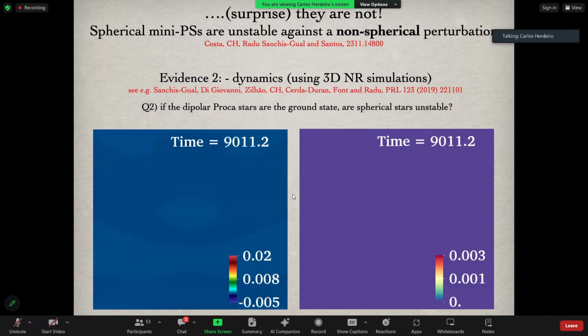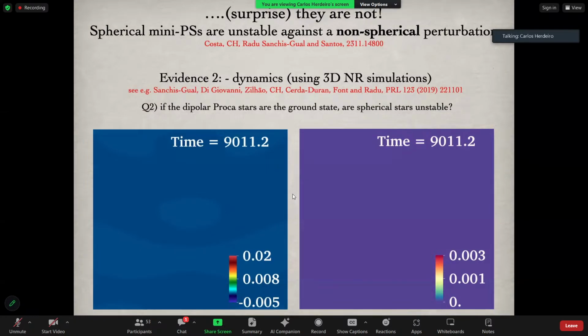Yes. So we know that beyond the maximum, these spherical stars are already perturbatively unstable against spherical modes. And for the scalar and the vector case, both of them, we know the spherical modes do not exhibit any instability.